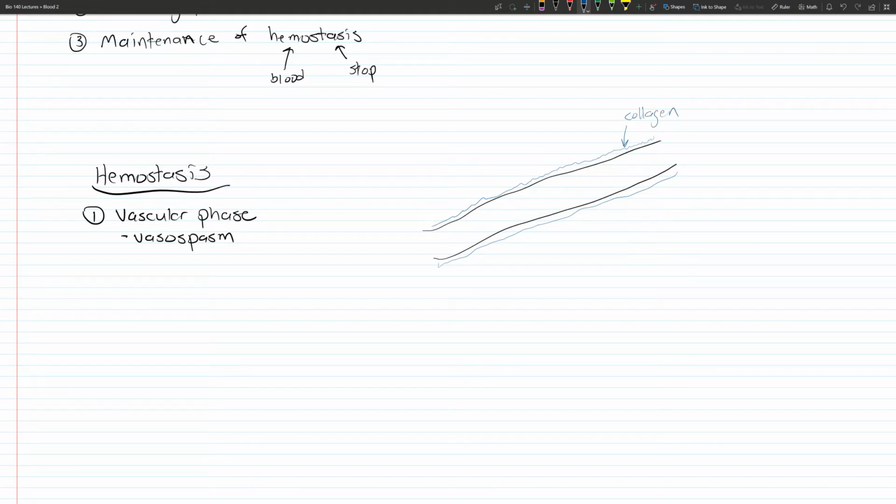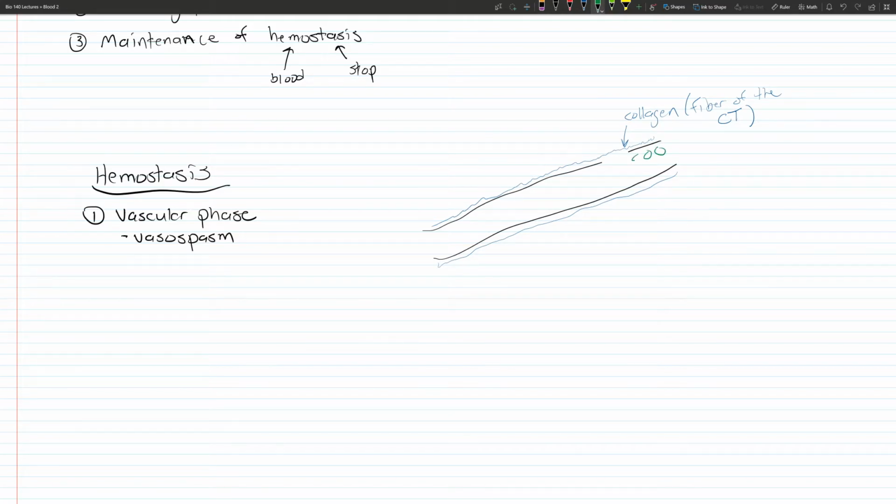Collagen is the fiber of the connective tissue. So let's say you get an injury right here, and you have exposed collagen. We're going to make our platelet in green.